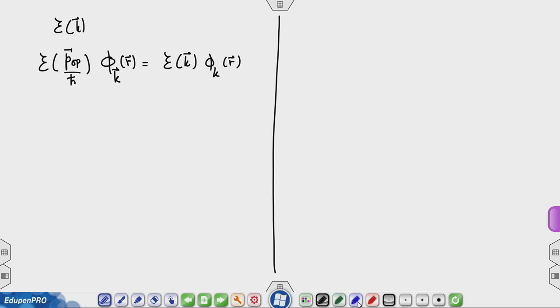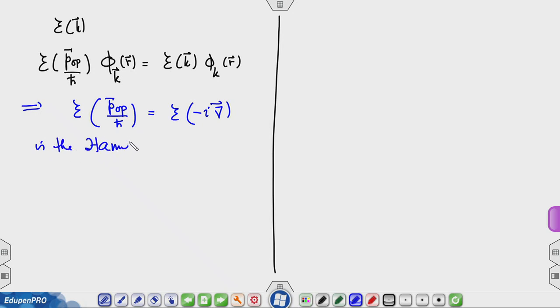And this implies E p operator over h cross, which is same as E minus I del operator, is the Hamiltonian operator for a Bloch electron. That we have shown.